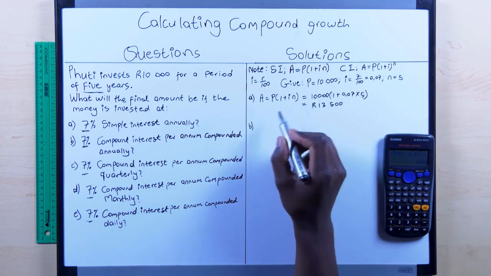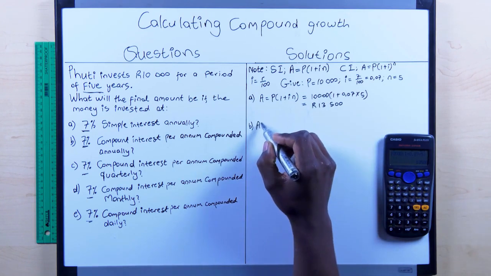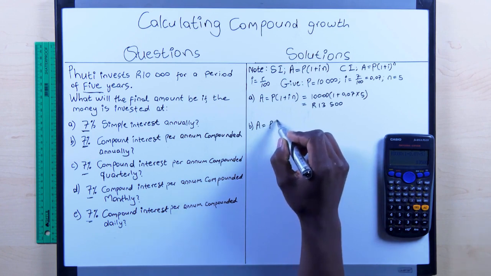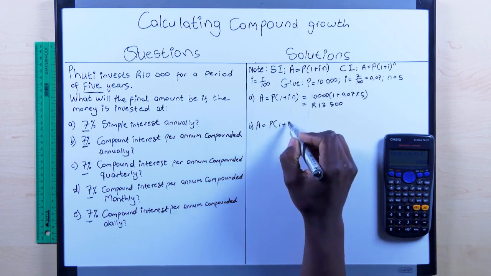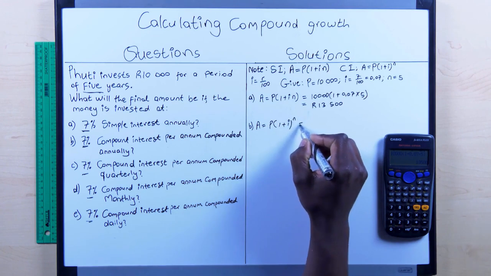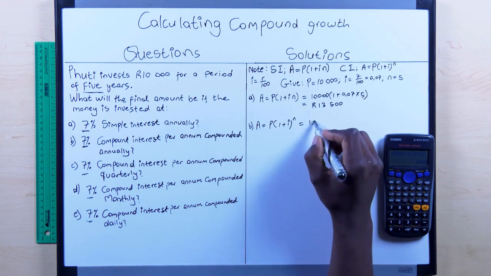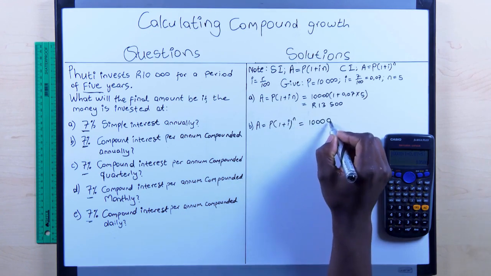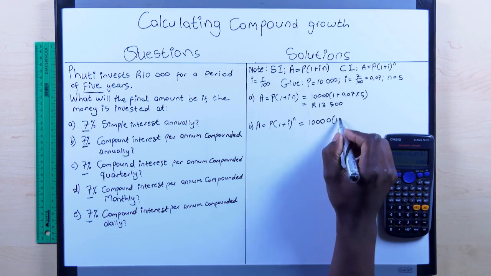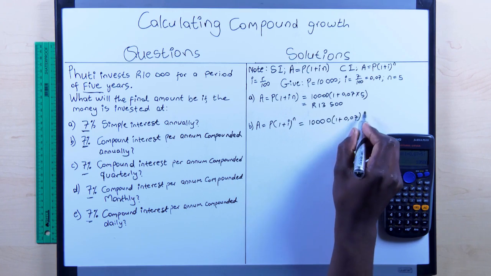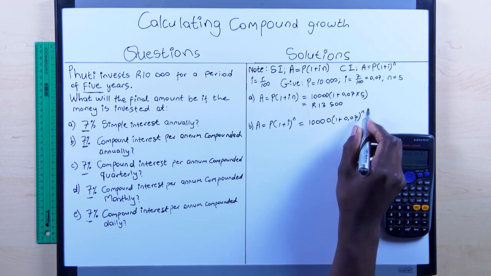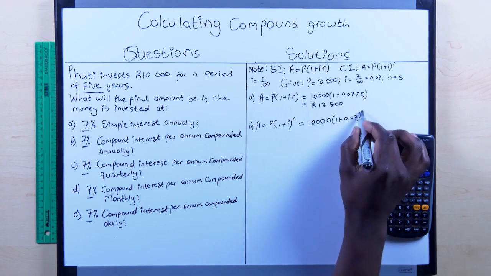We're just going to substitute into the compound interest formula as it is. Let's substitute P, open bracket, 1 plus 0.07, to the power of n. In this case, n is 5.